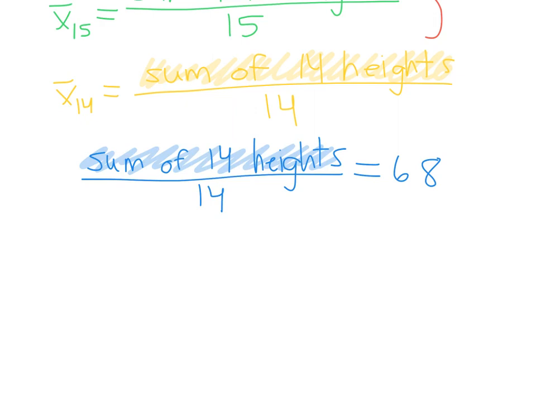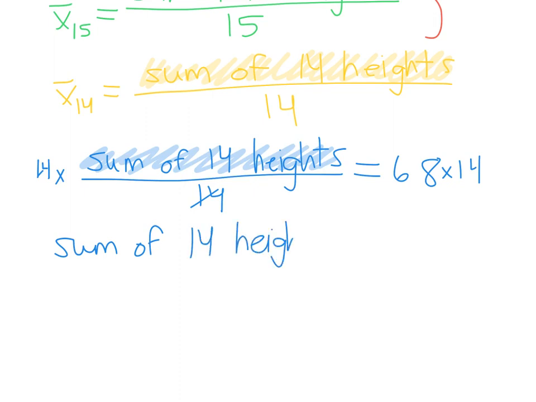Multiply both sides by 14. Clear the denominators, right? So now the sum of the heights is 68 times 14. And that's nice too, because that kind of tells us what the central tendency is. We're kind of assuming all 14 students have the height of 68.